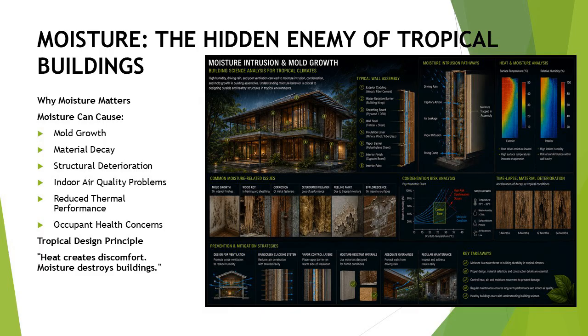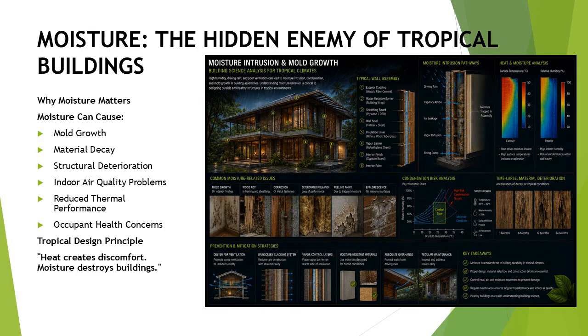Over time, this hidden moisture creates serious problems. Mold develops, materials deteriorate, indoor environments become unhealthy, and repair costs increase dramatically. Tropical climates create particularly challenging moisture conditions because humidity remains elevated throughout much of the year.